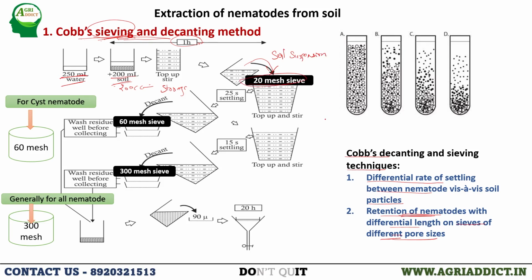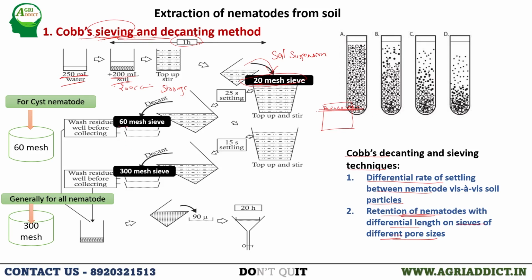What is a 20 mesh sieve? If you consider a sieve plate, a 20 mesh sieve has 20 openings per linear inch. The number of openings per linear inch is given as different numbers, like 20 mesh, 60 mesh and 300 mesh. In the case of 20 mesh, there are 20 openings per linear inch.